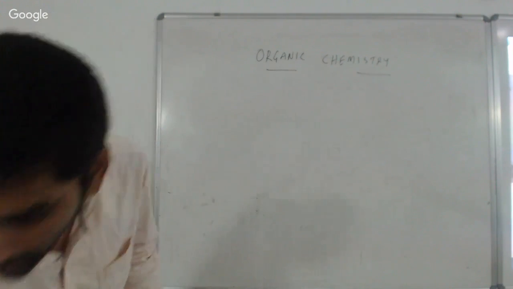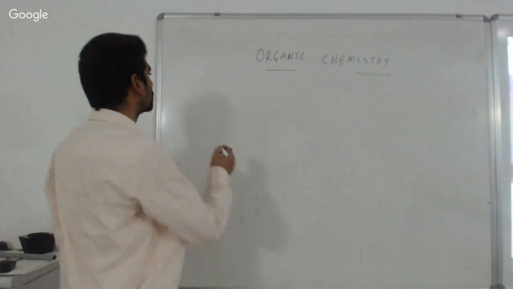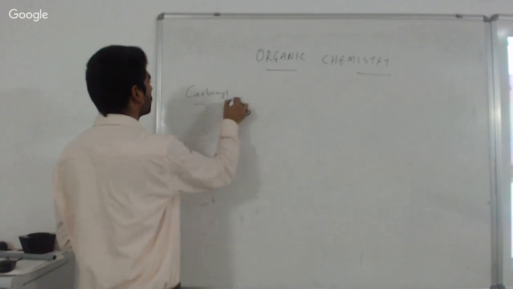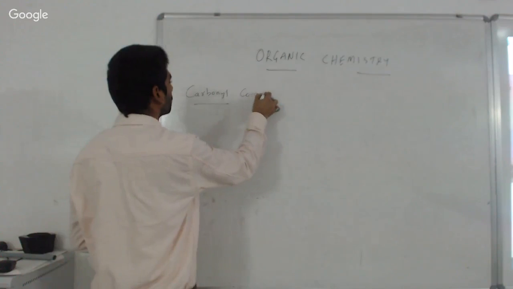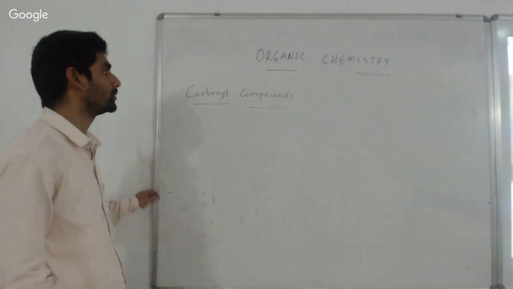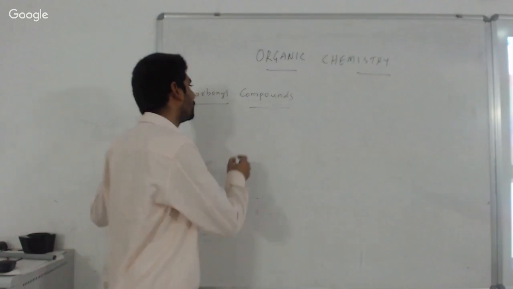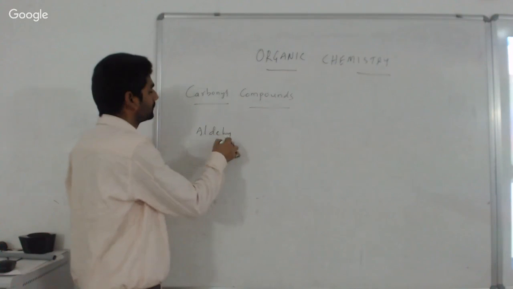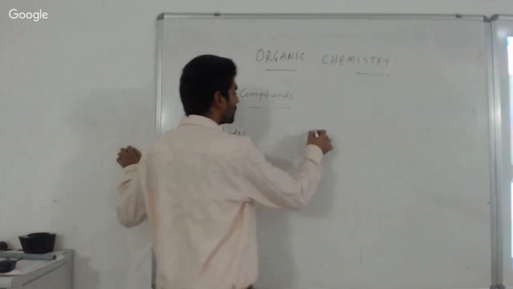Next, carbonyl compounds. Nomenclature for carbonyl compounds. Carbonyl compounds are of two types: aldehydes and ketones.